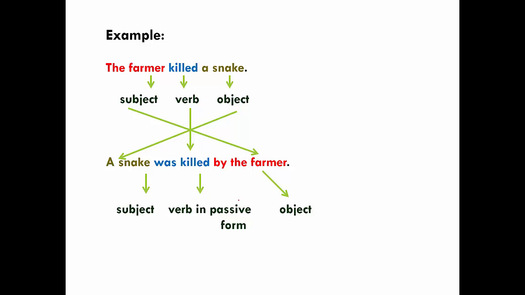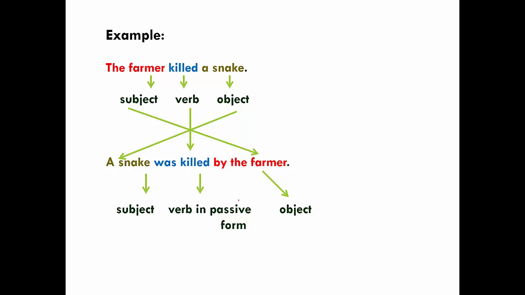Let's have a look here. You can see that there is a sentence which says the farmer killed a snake. The farmer is the subject of the sentence, killed is the verb, and a snake is the object. Now we are just doing the interchange of the subject and the object as was mentioned to you in the previous slide. A snake, which was the object, has taken the position of the subject.